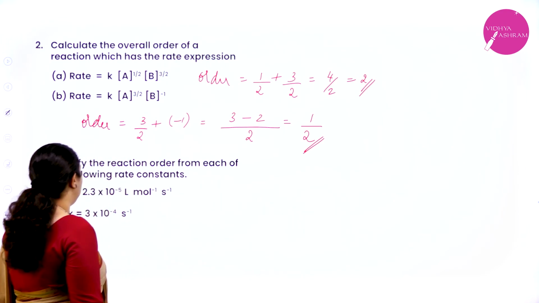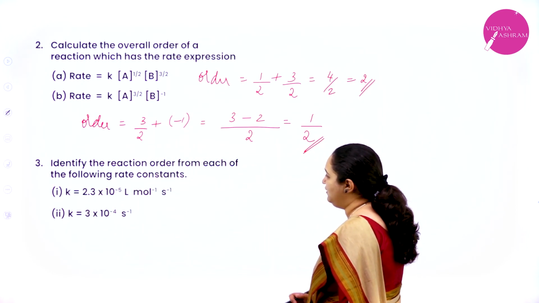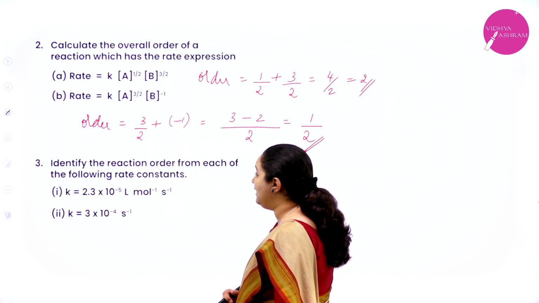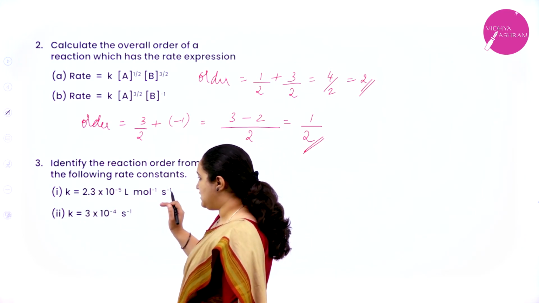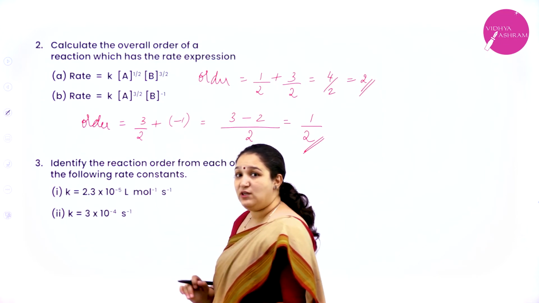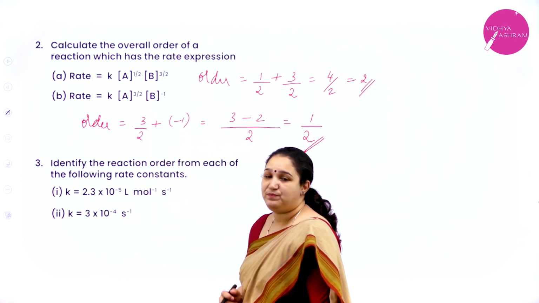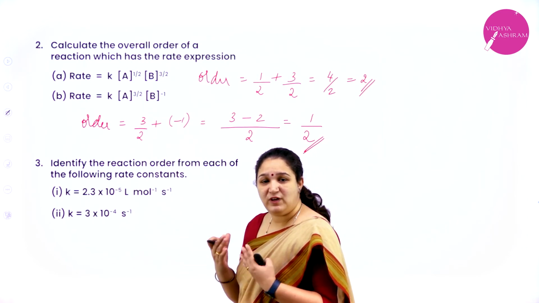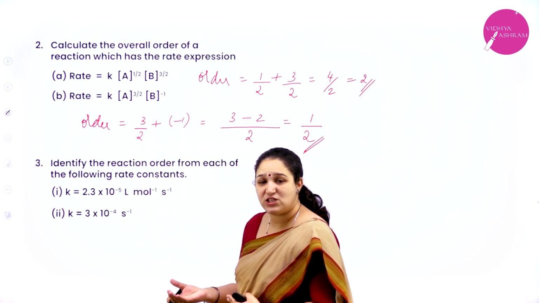Coming to the third question, identify the reaction order from each of the following rate constants. They have given the rate constant. By looking at the rate constant, you have to predict the order of the reaction. How will you do this? Look at the unit. We know that rate constant units change as the order changes.